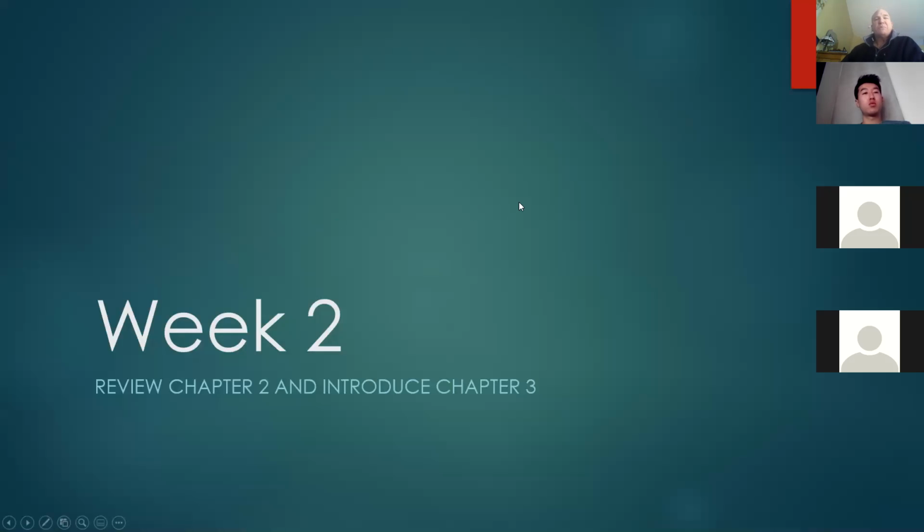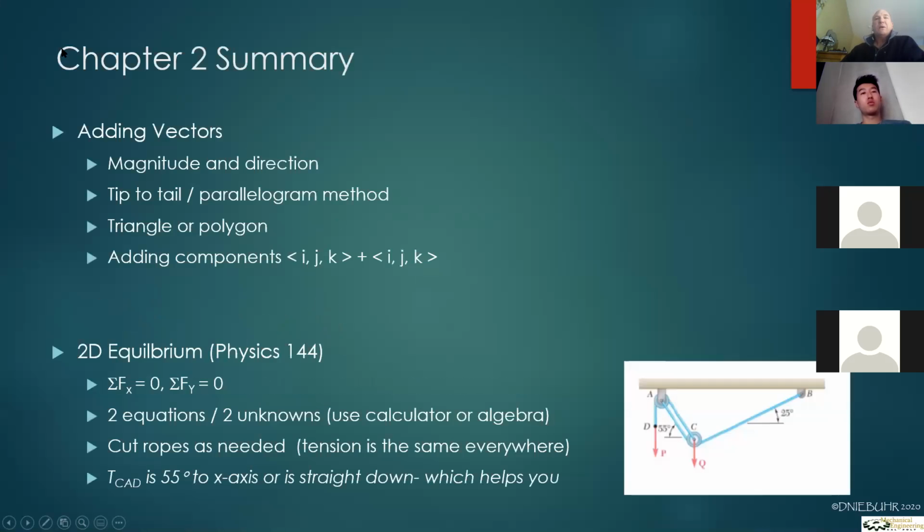Okay, so chapter 2. So you did the beginning of chapter 2, and the last part of chapter 2 has to do with 3D. And so before we talk about that, just a quick summary. So as I mentioned, you did the adding vectors, which is stuff you guys have already done. I haven't had too many questions on that, because you've probably seen it ad nauseum in other classes.